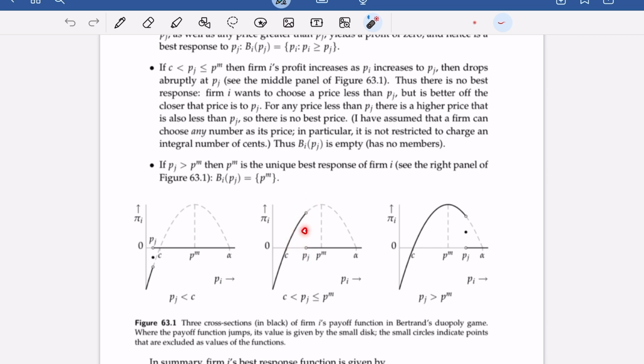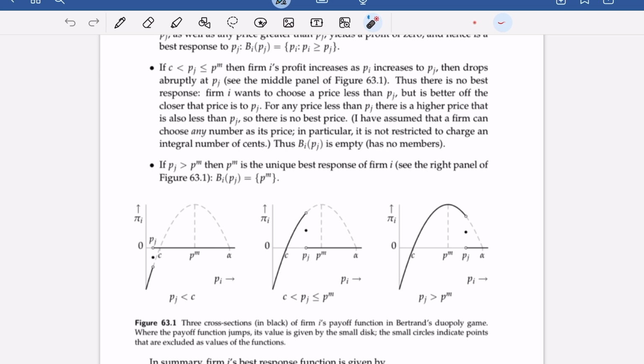And if we go from the bottom, the limit of this is also, there's no limit. If you price greater than PJ, then you'll get no profit.